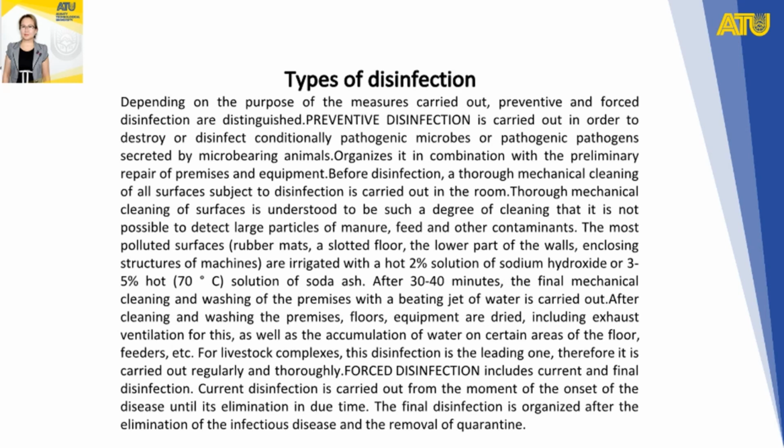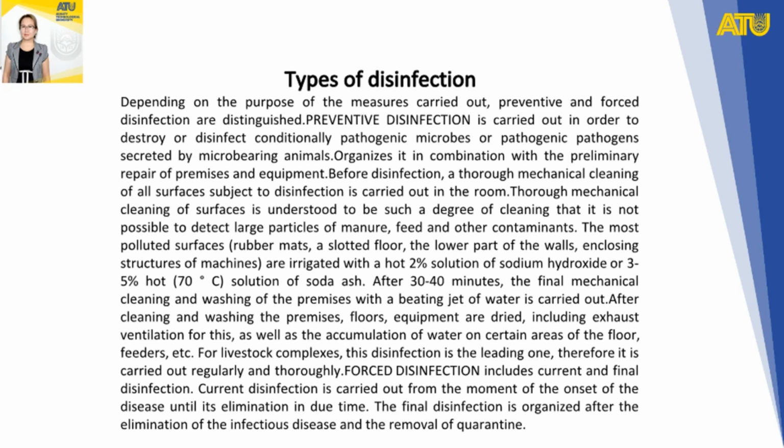The most polluted surfaces, such as rubber mats, a slotted floor, the lower part of the walls, and enclosing structures of machines, are irrigated with a hot 2% solution of sodium hydroxide or a 3 to 5% hot, 70 degrees centigrade, solution of soda ash. After 30 to 40 minutes, the final mechanical cleaning and washing of the premises with a beating jet of water is carried out.